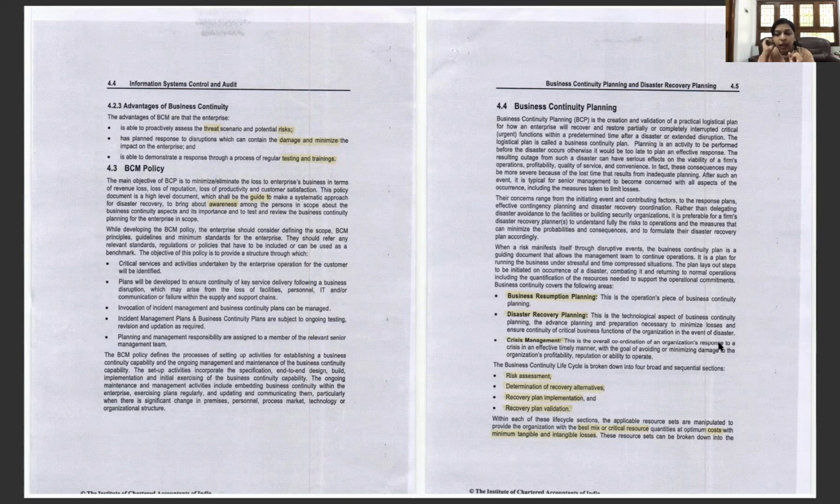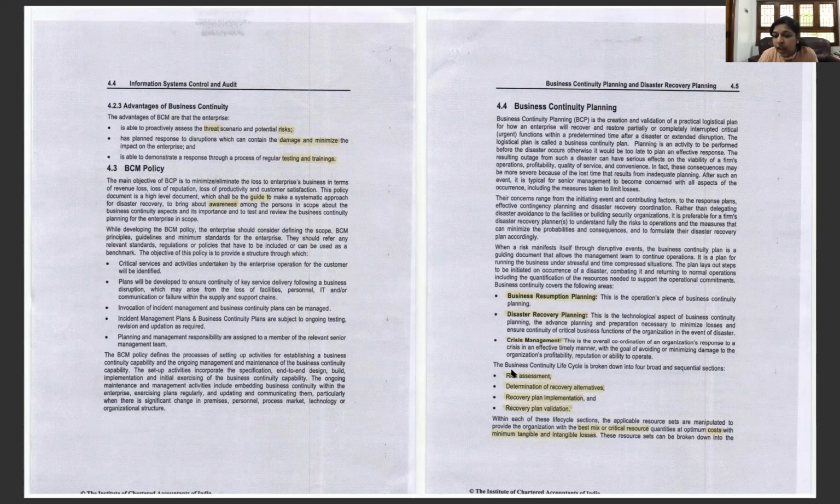It contains an overall view of how they should be responding. Let us see it once again. Business resumption planning is the operational aspect. Disaster recovery planning is the technical aspect, and crisis management provides the overall picture of how they should be dealing with the event of a crisis.